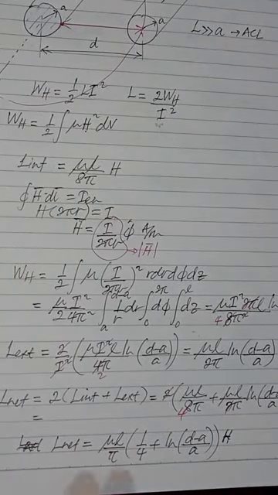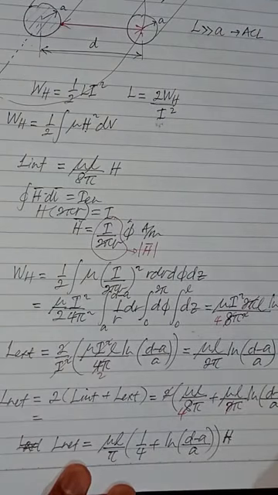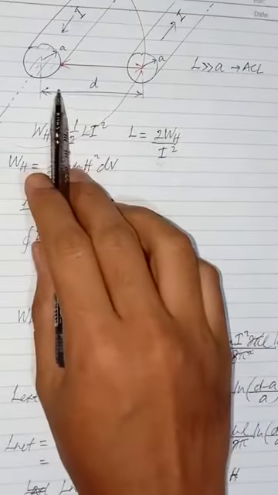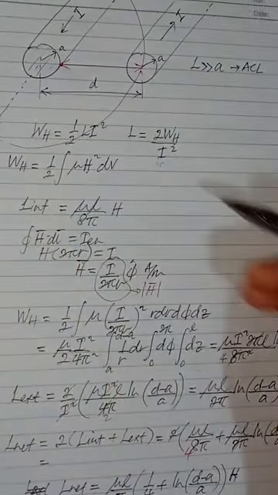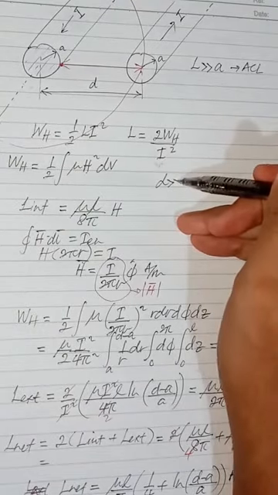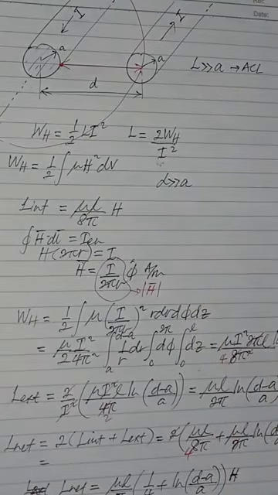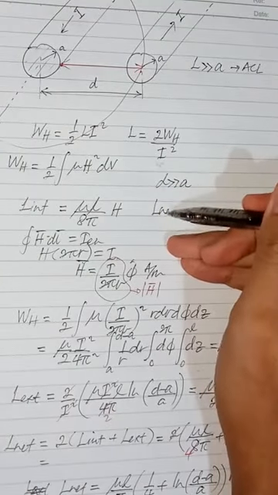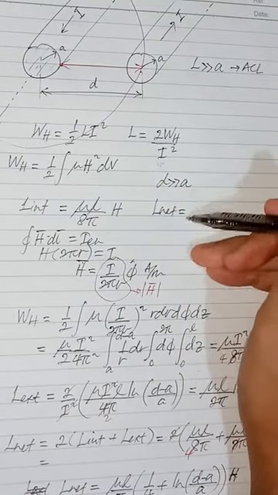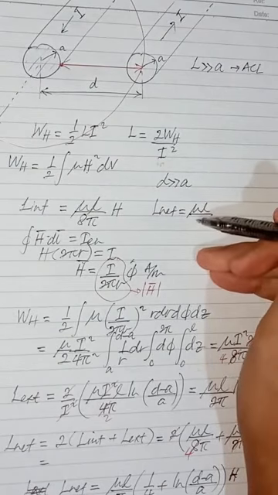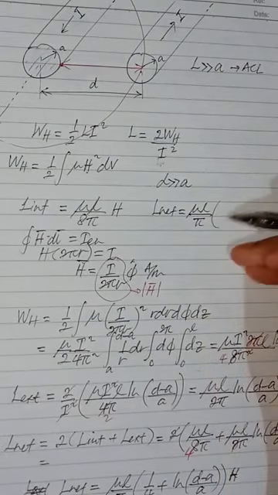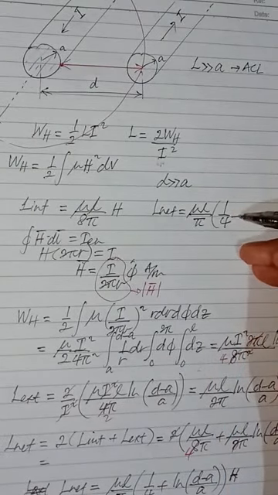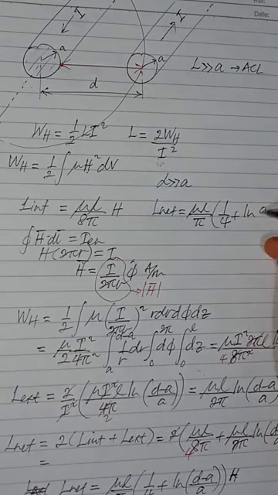Right guys, so if we assume that the distance of separation between these two wires is much larger than the radius of the wire, you can see that the expression of L net will become like this: mu L over pi, 1 over 4 plus ln D over A.